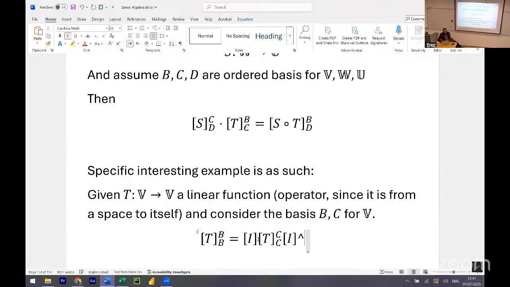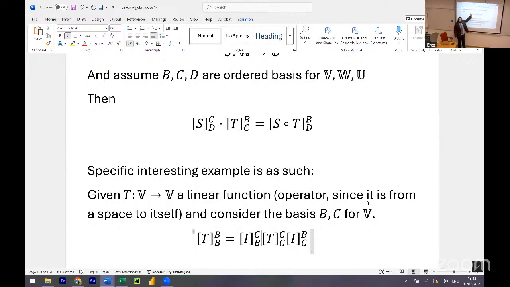You start with B, and the output is C, and here you get C and output B. And that is simply a specific case of that, because the basis that comes out is the basis that goes in.